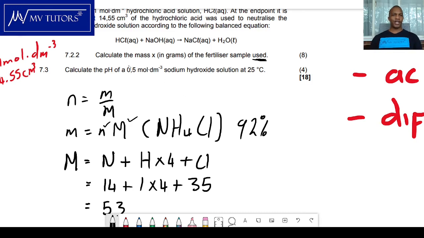Okay, let's do the last question now. It says calculate the pH of a 0.5 mole per decimeter cubed sodium hydroxide solution at 25 degrees Celsius. So what do we know about sodium hydroxide?